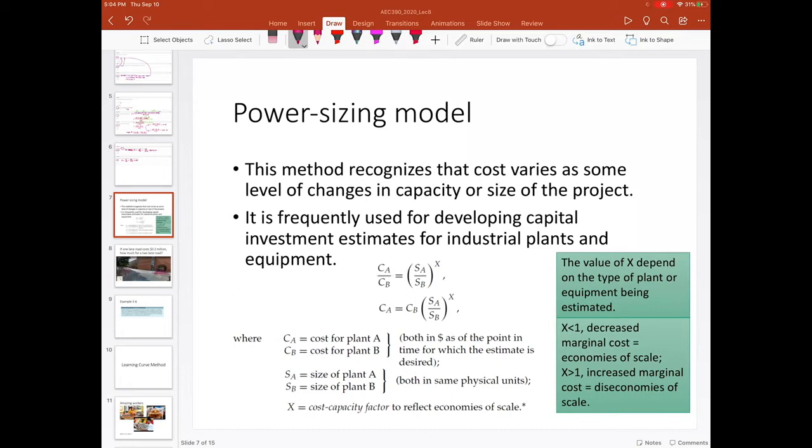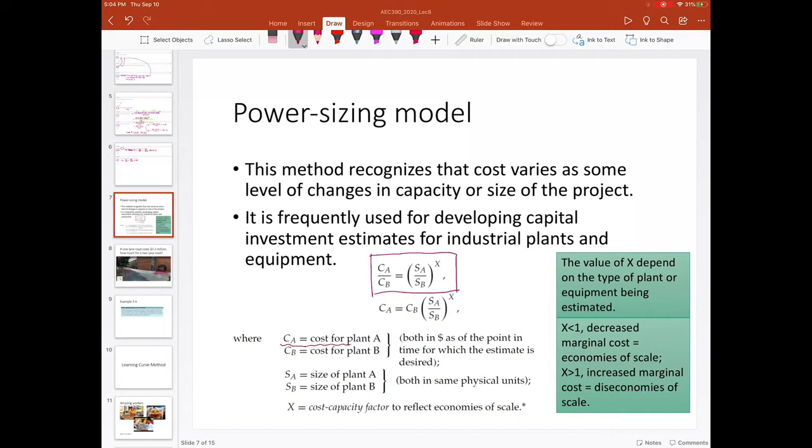So the model says that we consider the size and we think the size makes differences in the cost, okay? So there is an equation describing the relationship between the cost, C, and the size, S, okay?